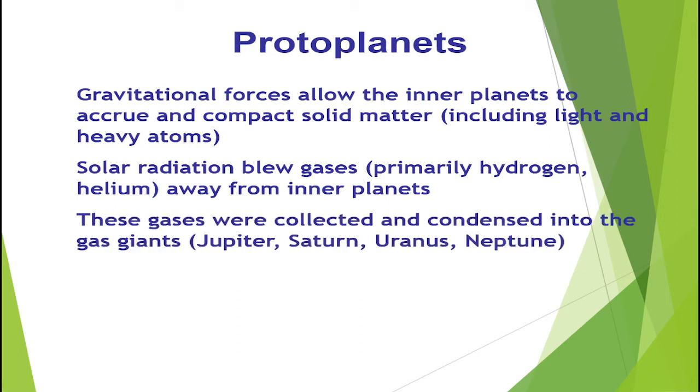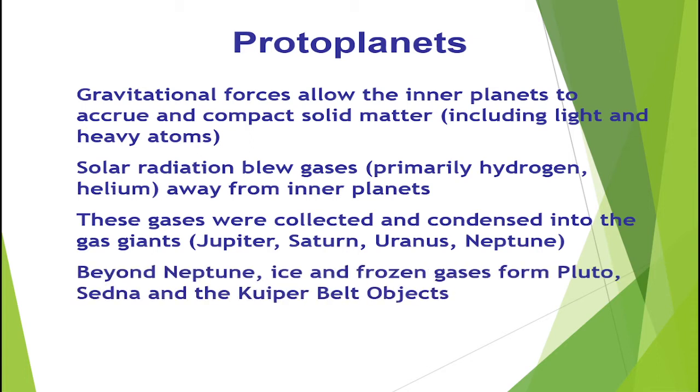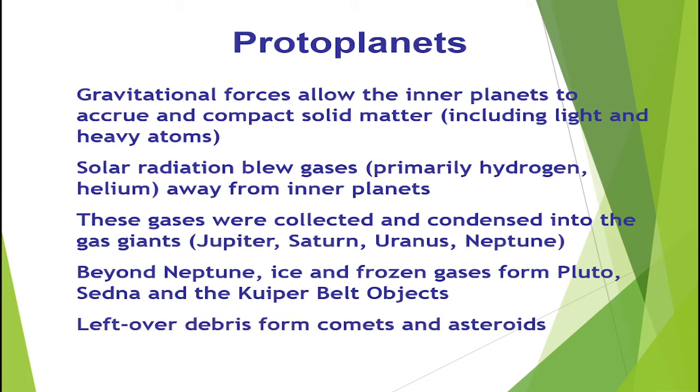These gases were collected and condensed into the gas giants, Jupiter, Saturn, Uranus, and Neptune. Beyond Neptune, ice and frozen gases form Pluto, Sedna, and the Kuiper Belt objects. Leftover debris form comets and asteroids.